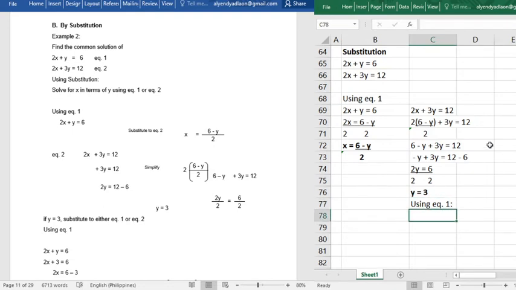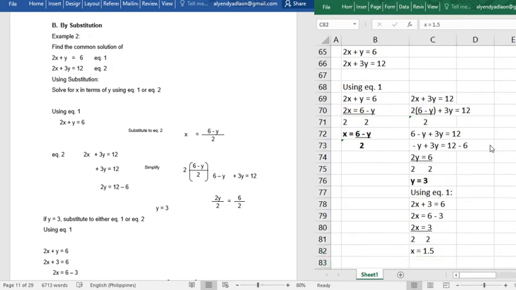Using equation 1, we have 2 times x plus y, where our y now is 3, equals 6. So 2x equals 6 minus 3. 2x equals 3, and then divide both sides by 2. So we have x as 3 over 2, or that is 1.5.